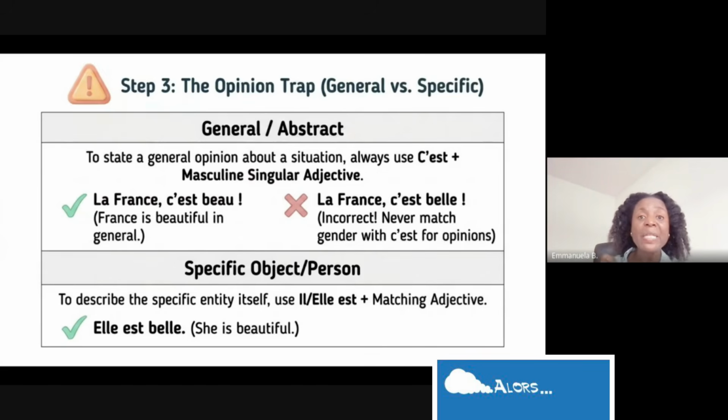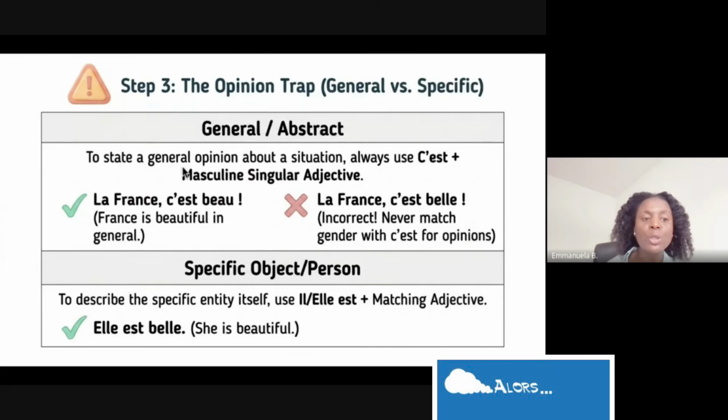But when you give an opinion, you don't use il est beau. When you say it's beautiful, it's an opinion. Oh, it's beautiful. You use c'est beau. Oh, c'est beau, c'est merveilleux. C'est splendide. You don't say il est beau.